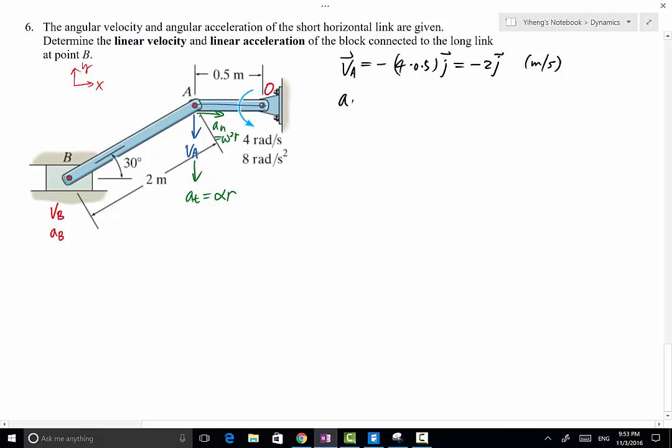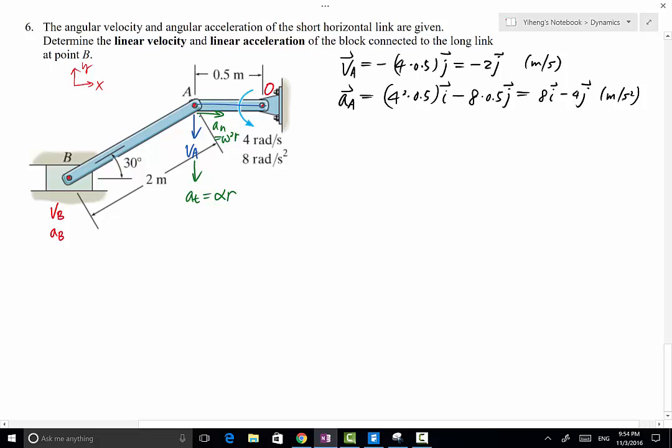Therefore, AA equals omega squared times R, so that will be 4 squared times 0.5 along positive I direction. And then AT, negative J, minus alpha is 8, R is 0.5J. So that equals 8I minus 4J in the unit of meter per second squared.